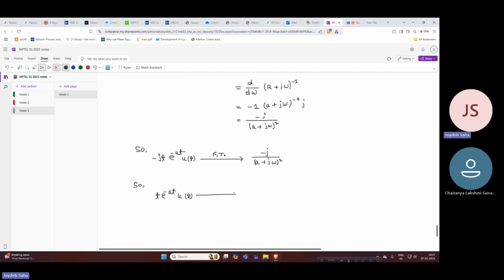Its Fourier transform is 1 upon (a plus j omega) square. Fine. So this is the solution.